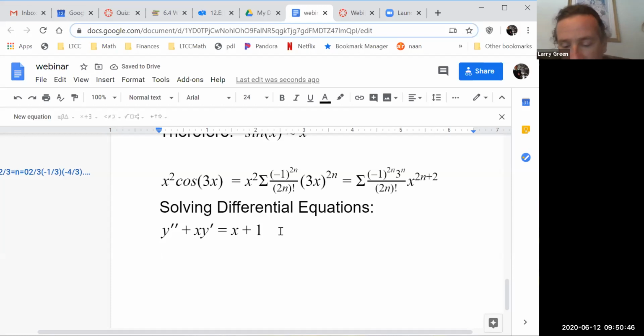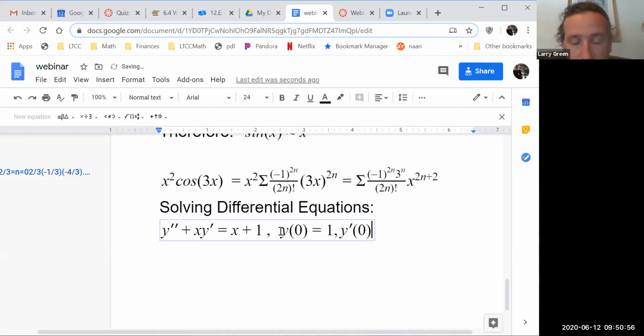And you might even have an initial value. Let's suppose that y of 0 equals 1 and y prime of 0 equals 2. Just an example, just making one up. I want to solve this differential equation.